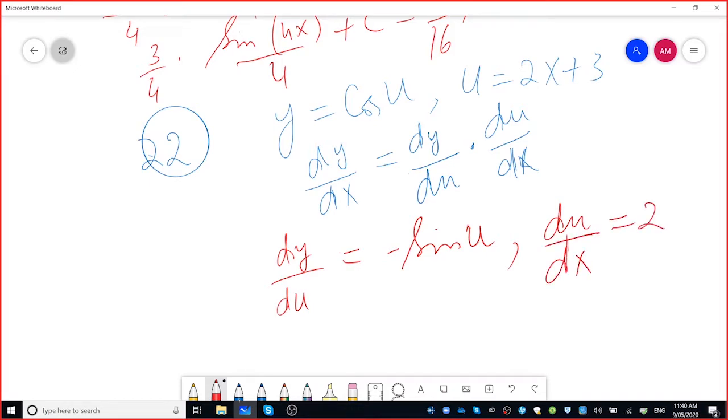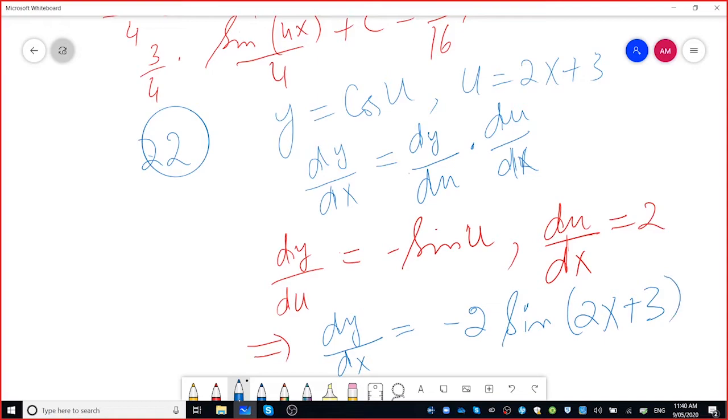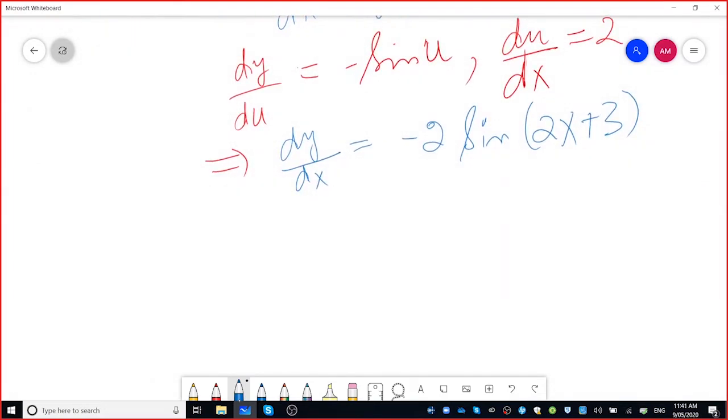So this then implies dy upon dx is equal to negative 2 sine of 2x plus 3. Yeah, that could have been done. You were right. You could have put it there and done that, and so that's good. I just wanted you to understand this.